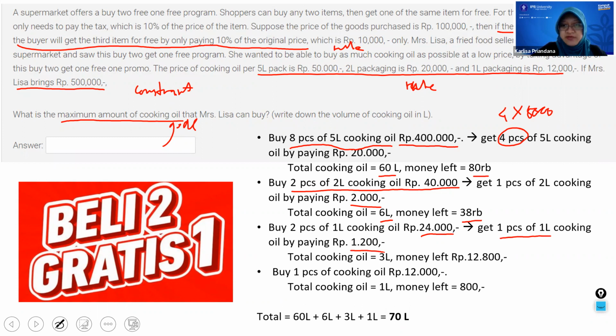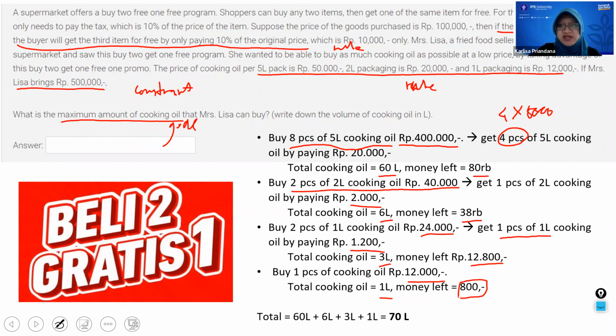From this I will get 3 liters of cooking oil, and this is the money left that I have. Then I will buy 1 piece of cooking oil because I only have like 12,000 left. In this case I cannot get any promo, and I only get 1 liter of cooking oil, with only 800 rupiah remaining.